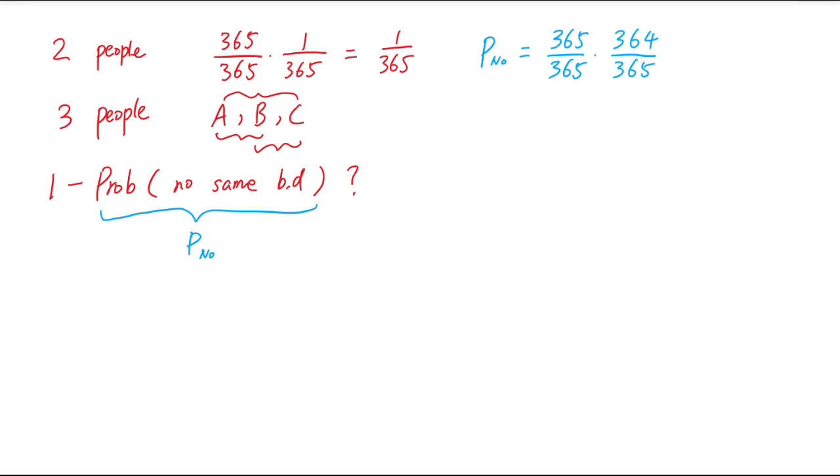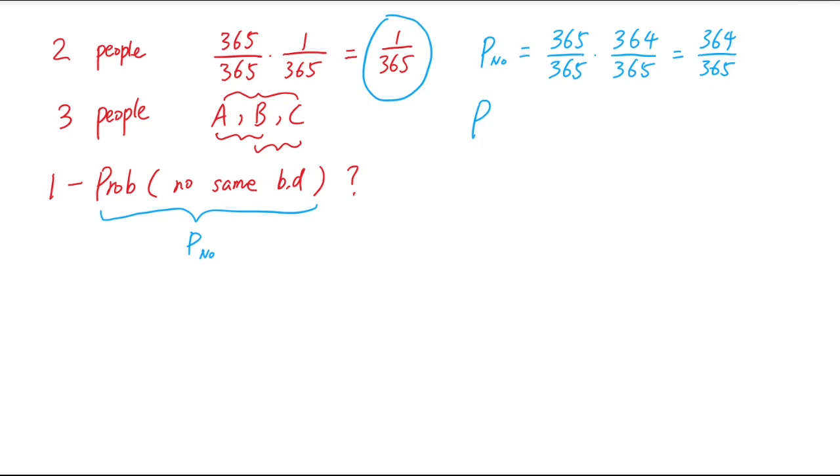And so you can see that this just boils down to 364 over 365, which is equal to 1 minus this earlier number.